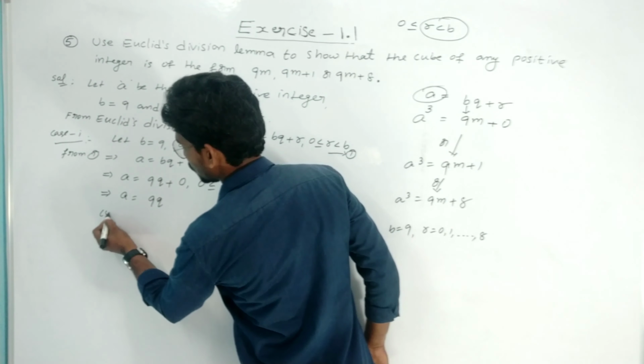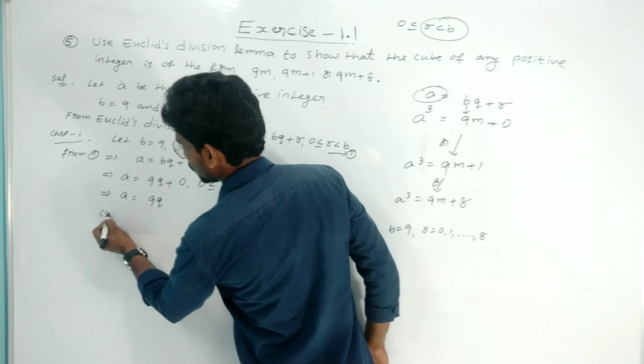So a cube is equal to 729 q cube plus 243 q square plus 27q plus 1.